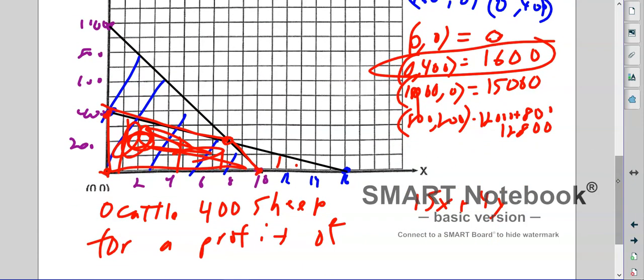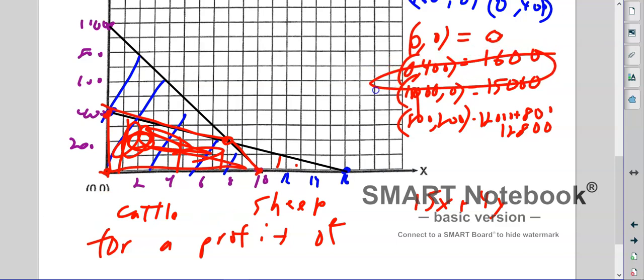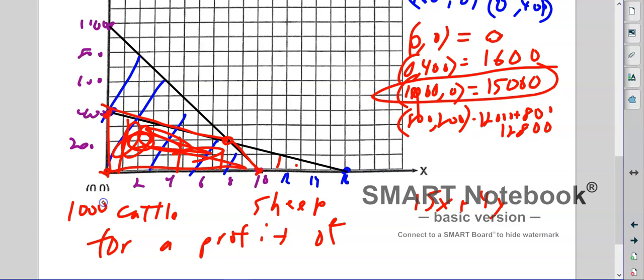Never mind. I know how to read numbers. That was silly of me. I thought it was 16,000 because I can't read very well. 15,000 right there. So in this case, it's actually 1,000 cattle and 0 sheep for a profit of $15,000. That's it.